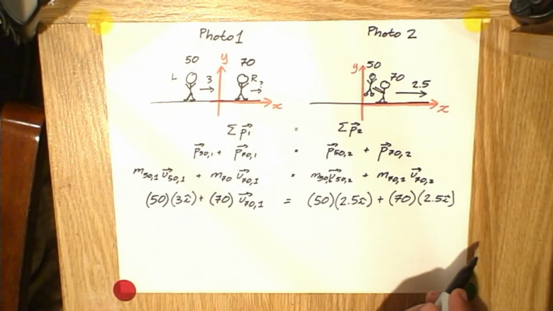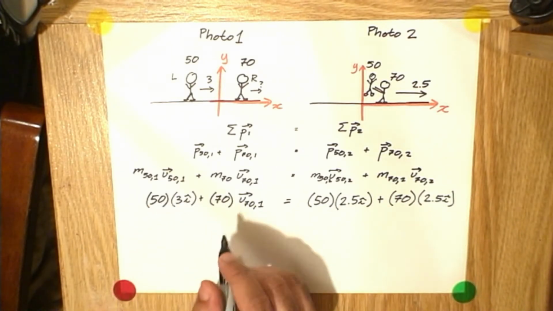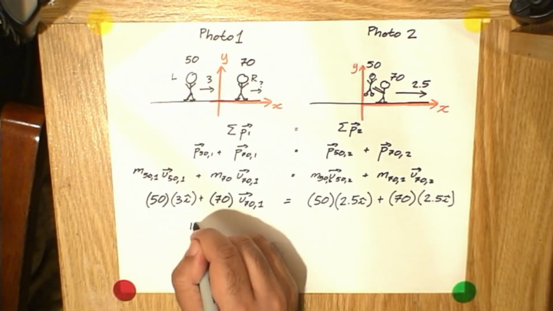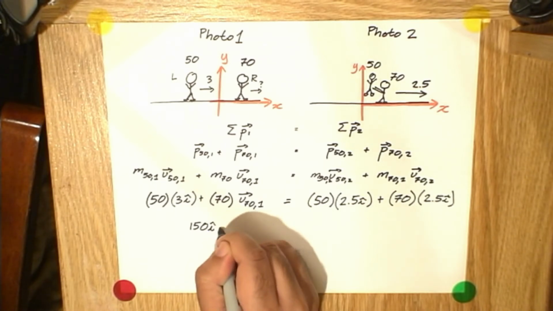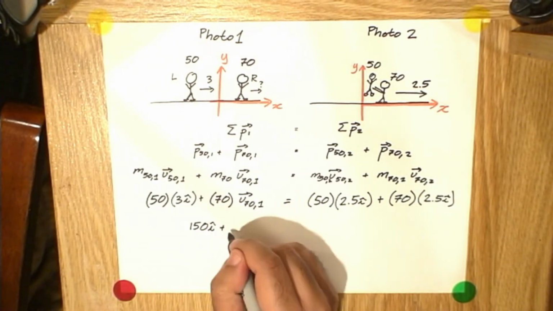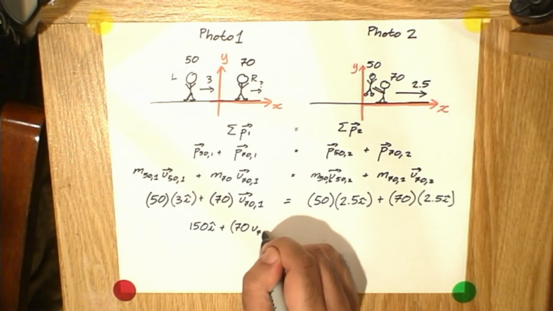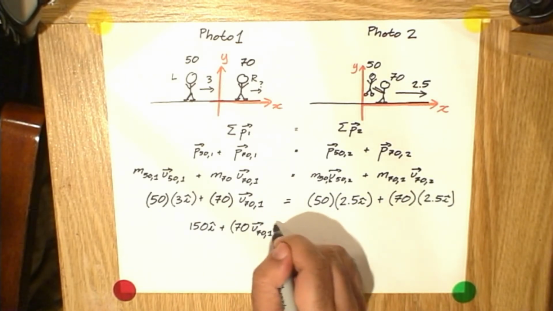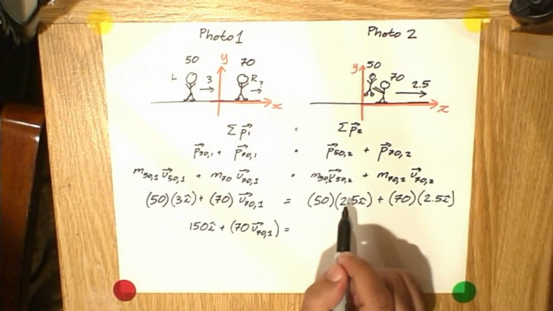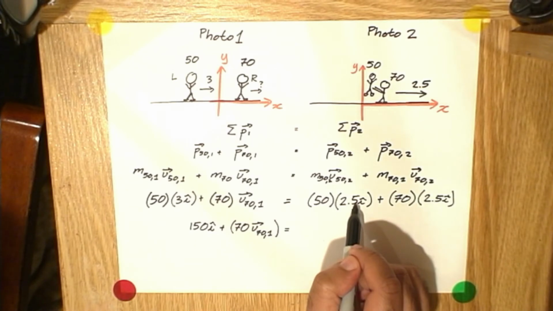Now let's start simplifying all of this. 50 times 3 is 150 i hat, plus this term we cannot simplify any further. We could just write it as 70 v70 in photo 1, is all equal to 50 times 2.5 i hat.